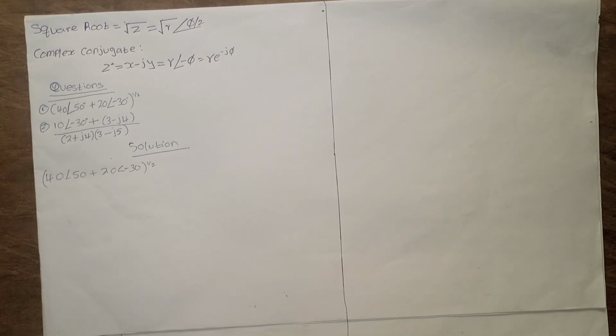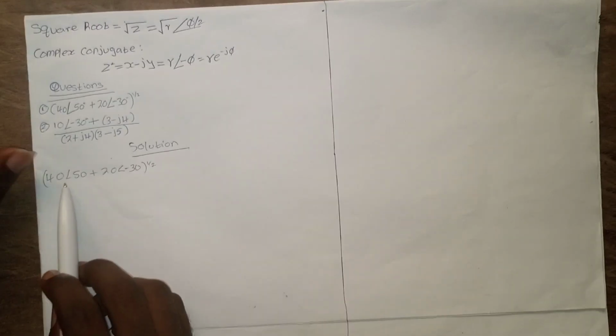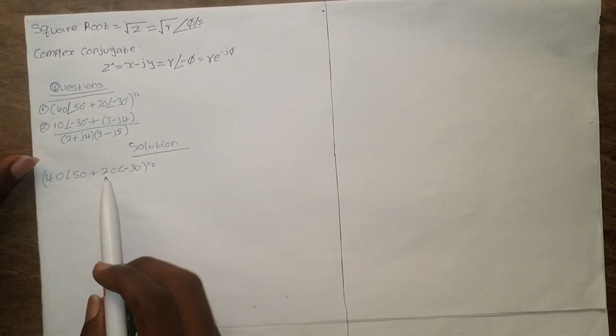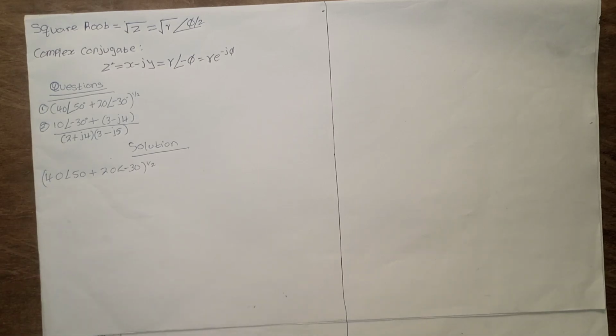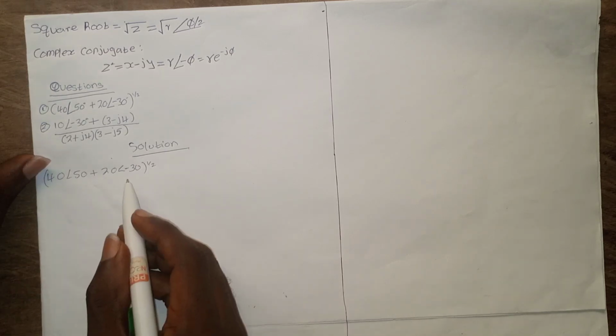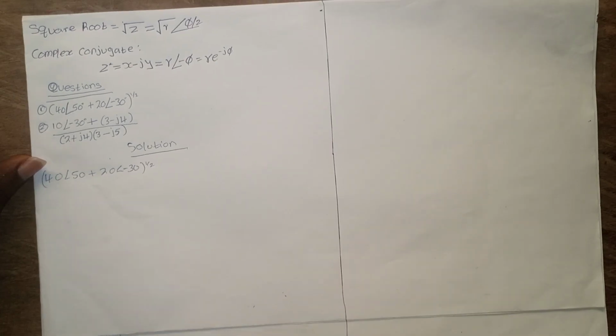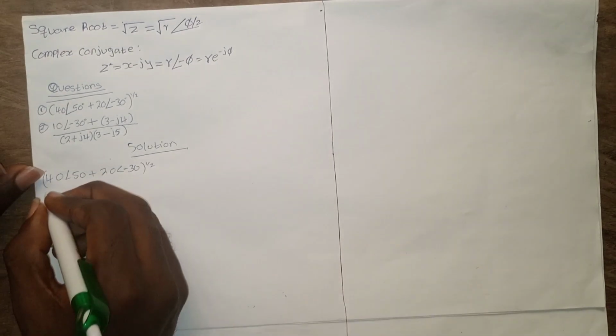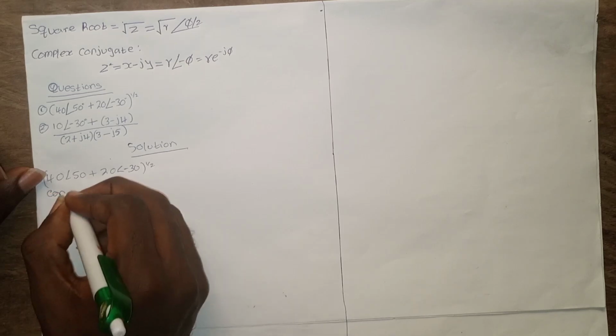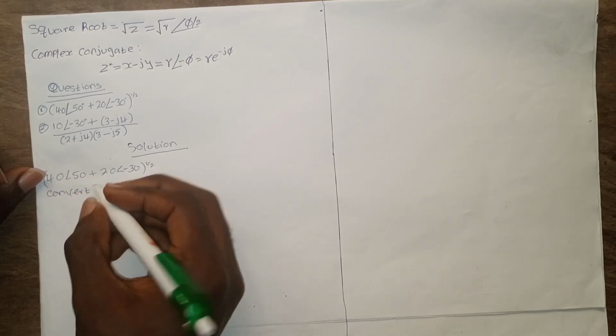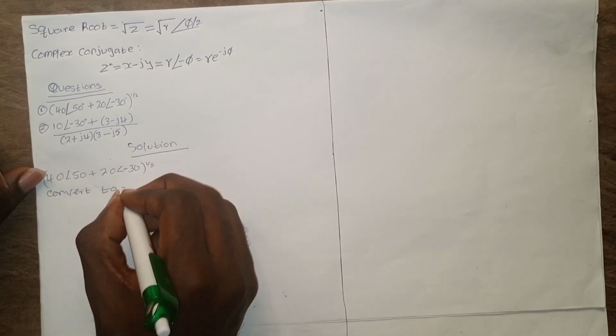So we are going to try to convert these two numbers, since they are in polar form, and we cannot add them together in polar form. We can only add and subtract in rectangular form. So we have to convert them back to rectangular form.